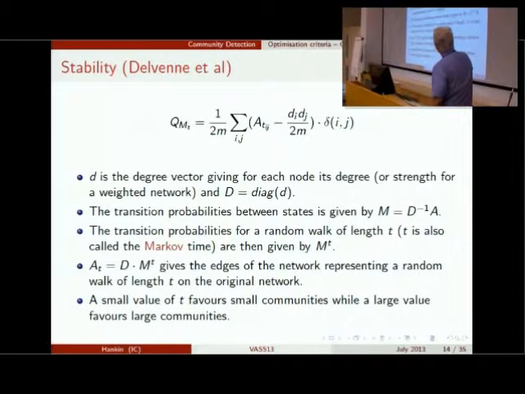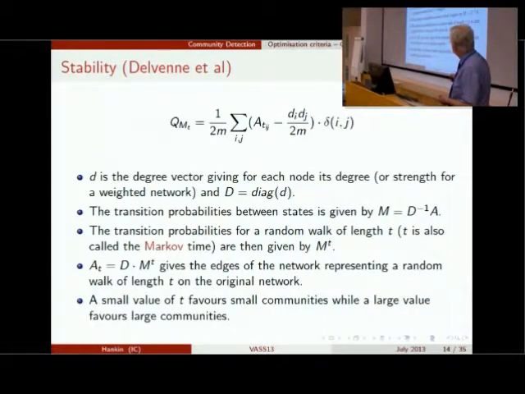And then you can iterate that Markov chain as many times as you like, which will correspond effectively to doing a random walk. And the elements within the matrix M give the probability of transitioning from one node to another. So M to the power t is the matrix that results from making a random walk of length t.